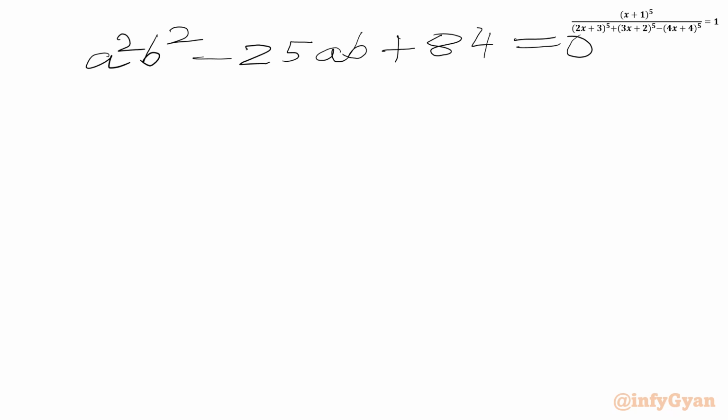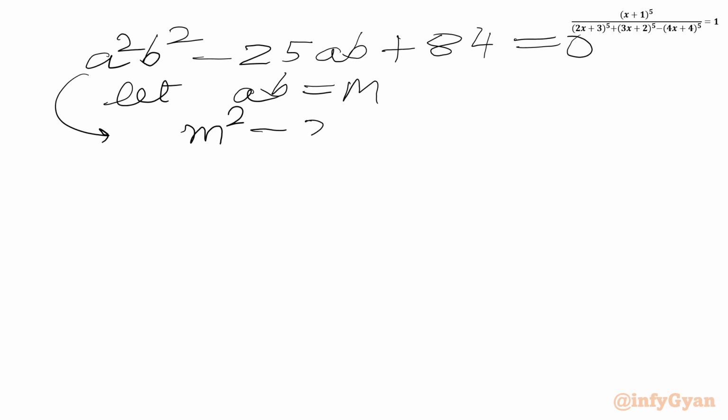Now this is one quadratic in AB. So I will consider, let us say, AB equal to m. So our equation would be, in variable m, m square minus 25m plus 84 equal to 0.